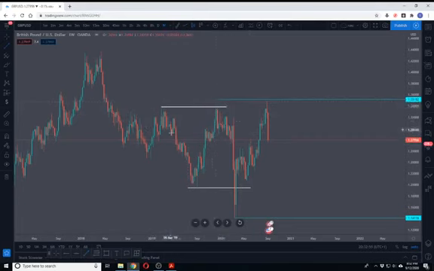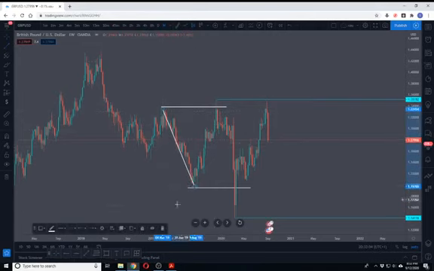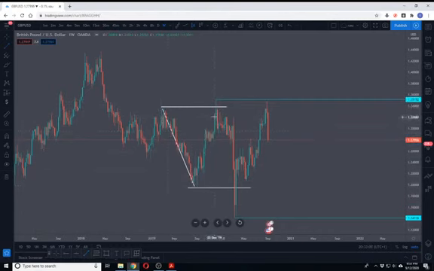So any movement up here would have been internal range liquidity, but as you can see, the market moved higher, which kind of made us think, okay, has the market gone bullish now? Then it came on the other side and it moved lower again, so it went bearish.